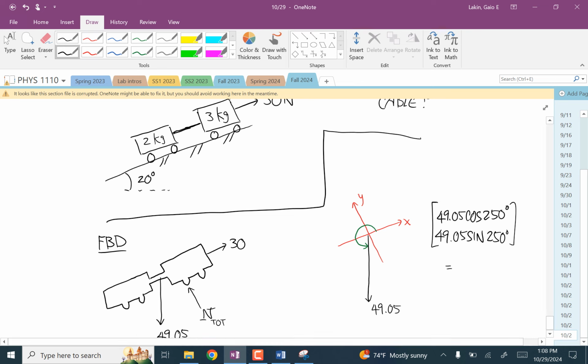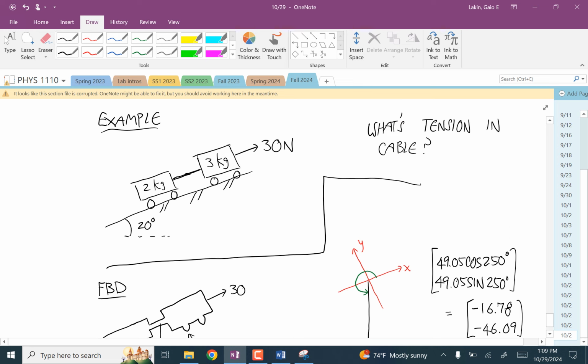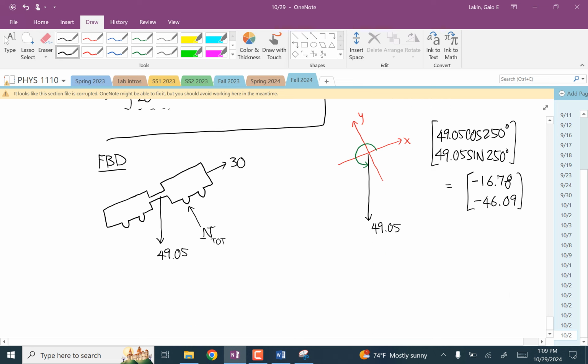And that is, well, we already had that one today, I think, negative 16.78, negative 46.09. And then the acceleration, this is free to move along the x-axis, so we're just going to call it A0.